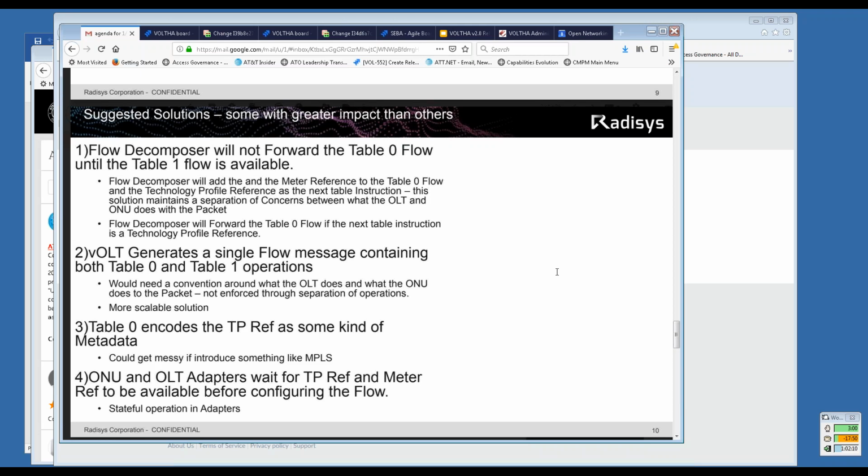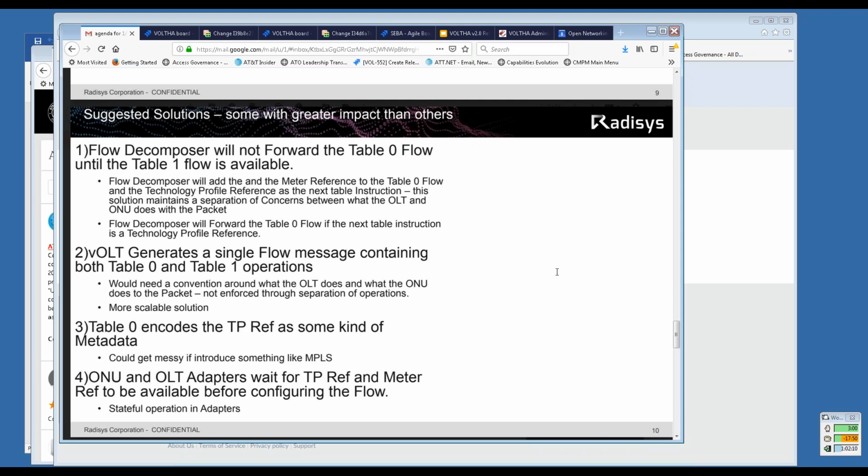And some of the potential solutions to this problem that we discussed: one was the flow decomposer doesn't forward the table 0 flow until the table 1 flow is available. The flow decomposer can add the tech profile instance information to the table 0 flow that gets passed down to the ONU and to the OLT, so kind of overriding the table 1 reference at the end of the table 0 flow.